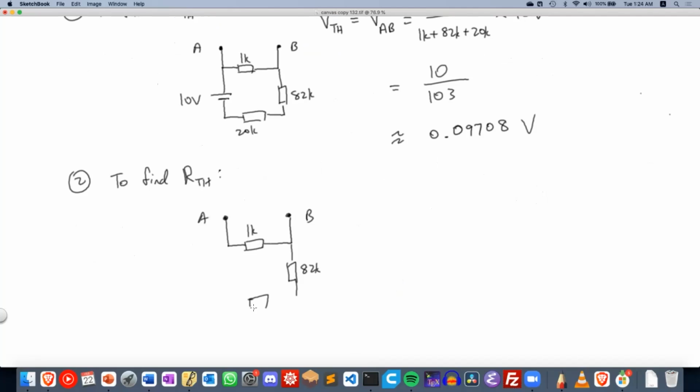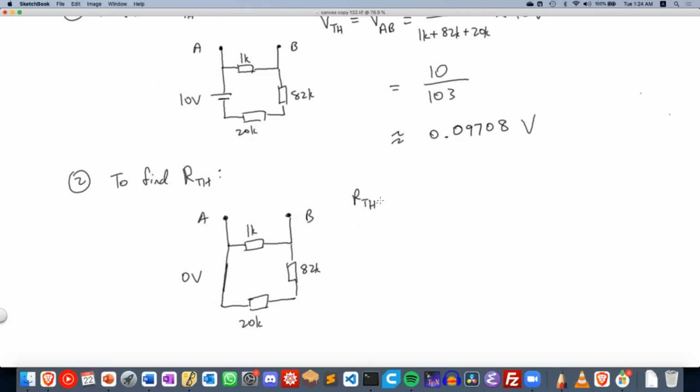It means to remove the effects of the battery, which means that instead of having 10 volts across these two ends, we make 10 volts down to 0 volts. To do so, we connect it up with a wire. By replacing the battery with a short circuit, we are removing the effects of the battery.